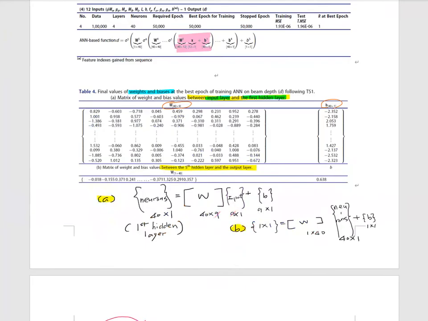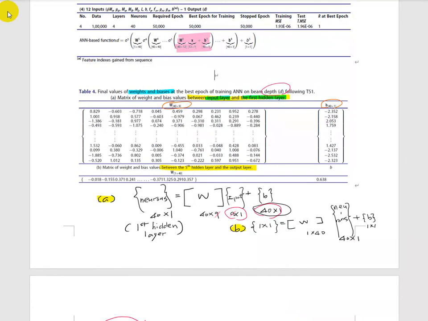So again we are looking at D. D has 9 input parameters, which is right here, 9 by 1, and you're going to have automatically 40 by 1 bias matrices provided.